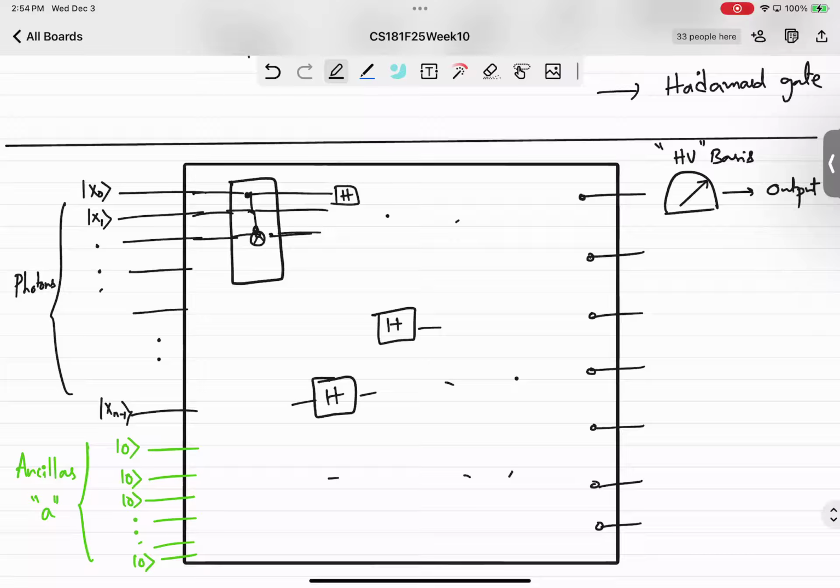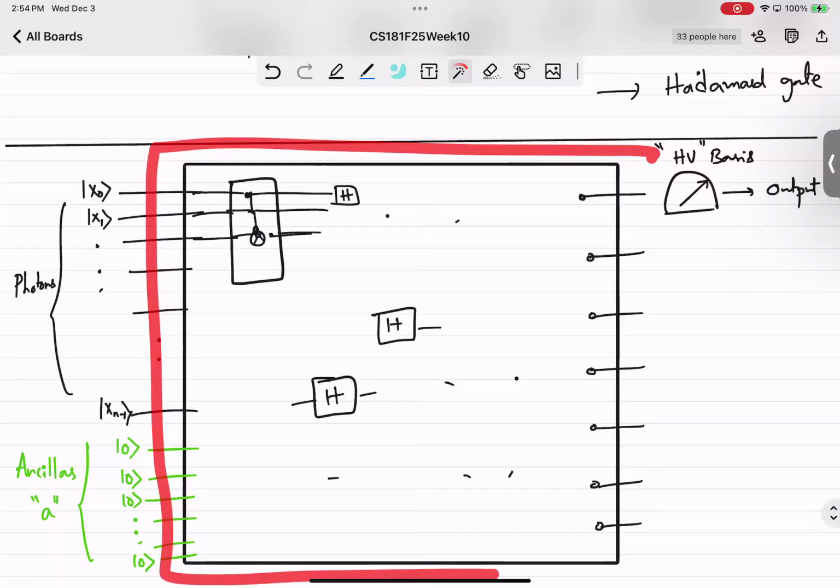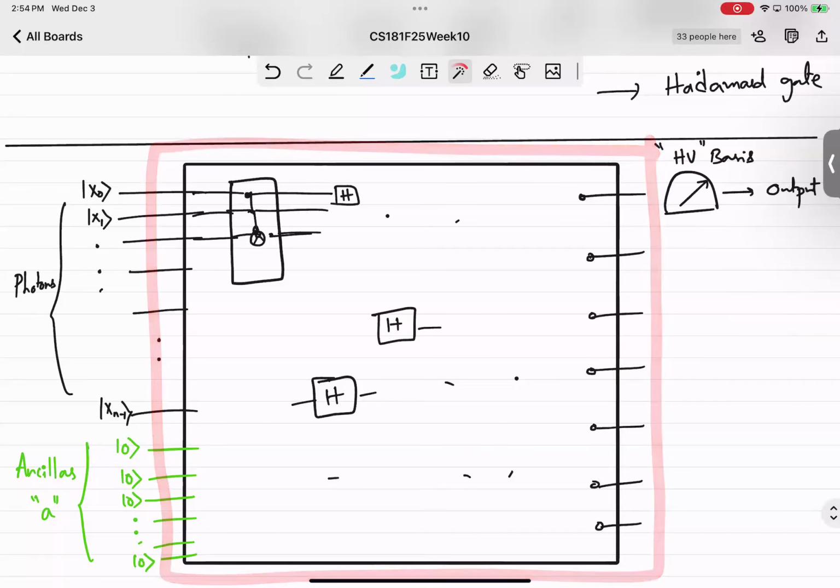Okay, so until the measurement, this entire box, what it does is invertible. Okay, every one of these things, if you know the output, you know the input, right? So the entire circuit is 1-to-1 until the measurement. Okay, you can also define a version where you allow measurements in between.